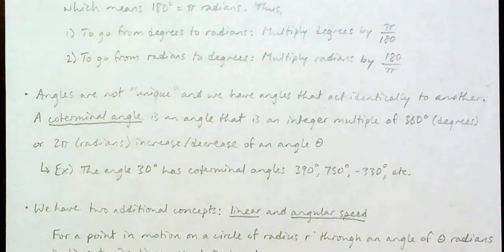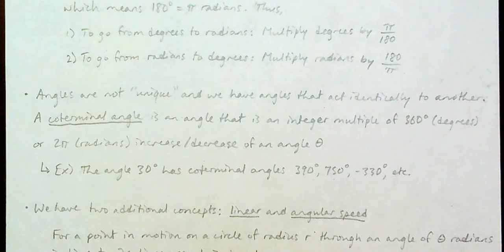A coterminal angle is an angle that is an integer multiple, that is to say whole number multiple, of 360 degrees, or 2 pi radians, more or less than your given angle theta.